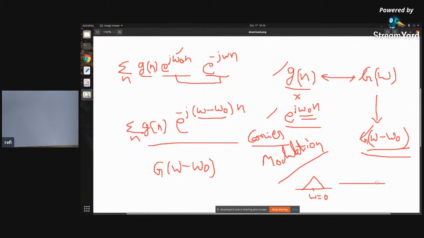After modulation, this is 0 and omega naught will be somewhere here. So it shifts from 0 to omega naught. So this is the frequency shifting or modulation property you can call it. The only thing is we are taking it as a complex signal.